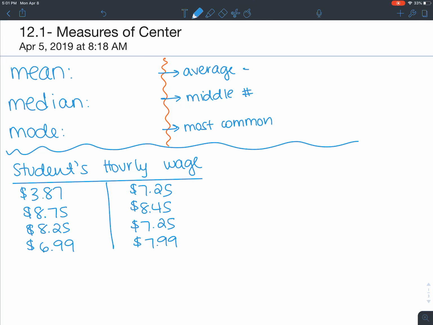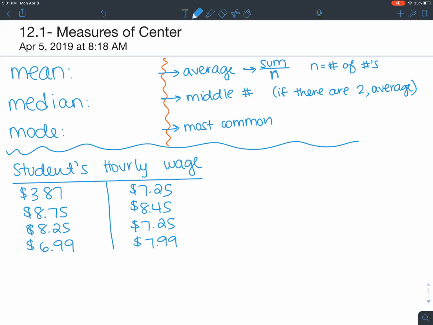Now the average we find by taking the sum of the numbers and dividing by the number of numbers, which we normally just say is n. So n is the number of numbers. The middle number, if we have 2, then we take the midpoint, or the average, of both of them.